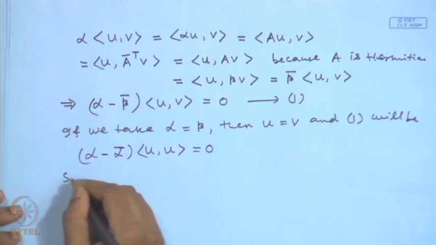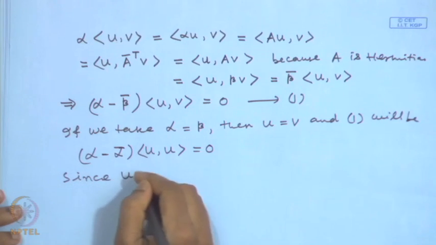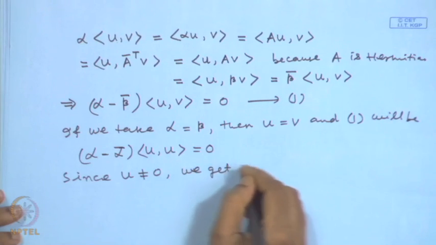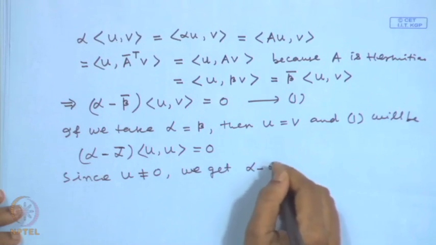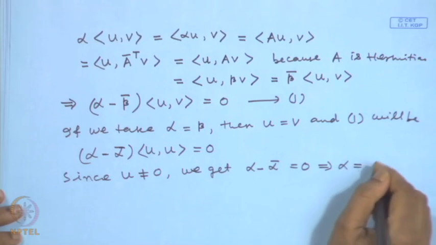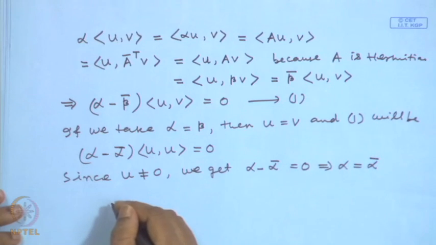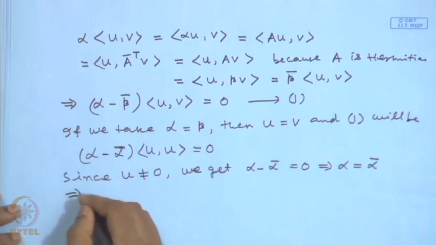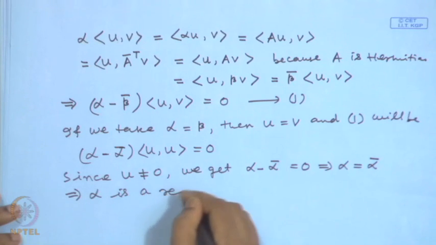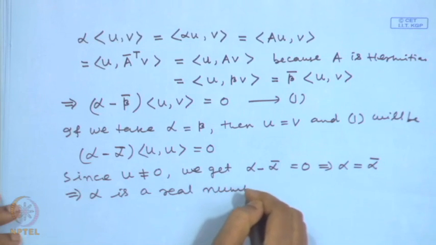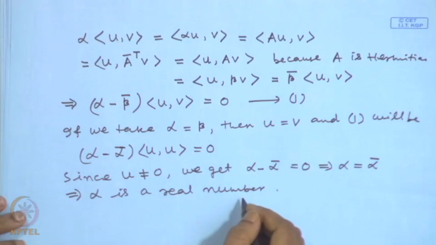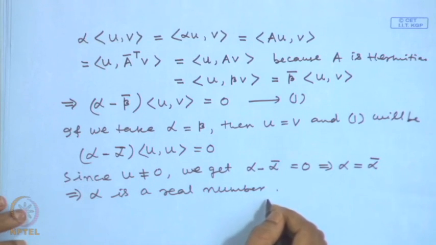So, since u is not equal to 0, we get alpha minus alpha bar equal to 0, and this implies that alpha is equal to alpha bar. So, this says that alpha is a real number. So, from here we get that all eigenvalues of a Hermitian matrix are real numbers.